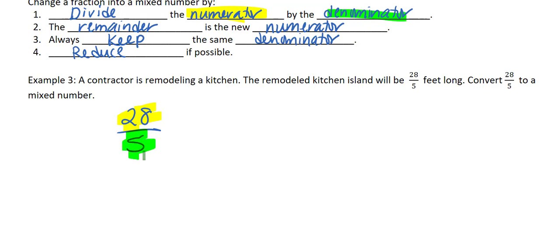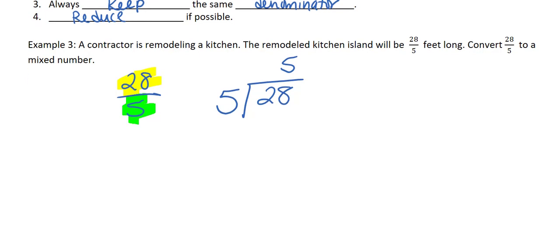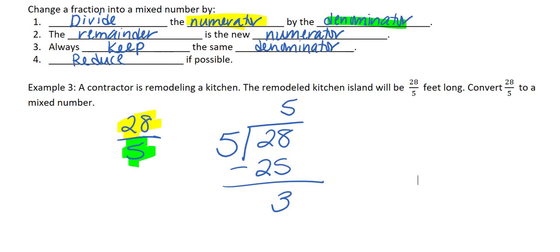So 28 divided by 5. Well, 5 can't go into 2, but 5 can go into 28 5 times, because 5 times 5 is 25. We subtract, and we get 3.